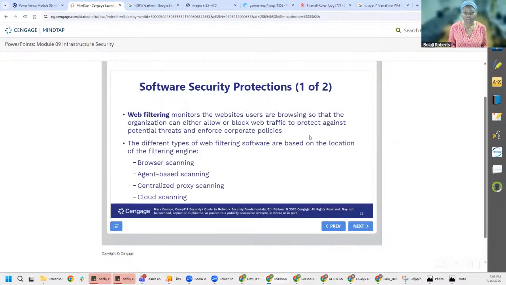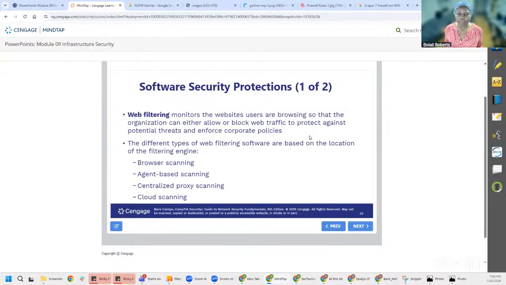So they are filtering. For example, there's one that my kids' school uses. I don't remember the name now, to monitor their system. So I get an alert that says, hey, so and so person searched so and so. So they have an agent on the computer that looks at all the websites that they visit.